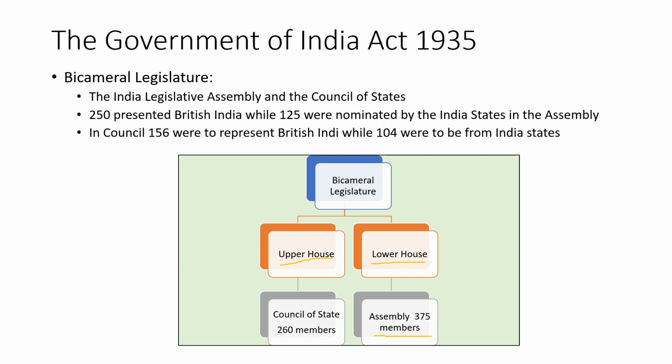Another thing, it was the assent of the Governor General that was required by the Assembly to make a bill an act in India. Another thing, the Governor General was authorized to amend the Government of India Act.